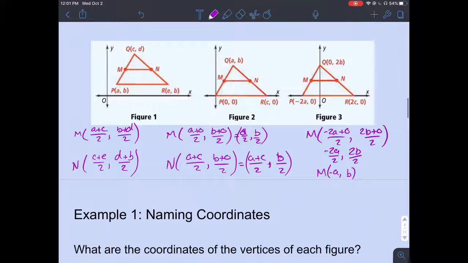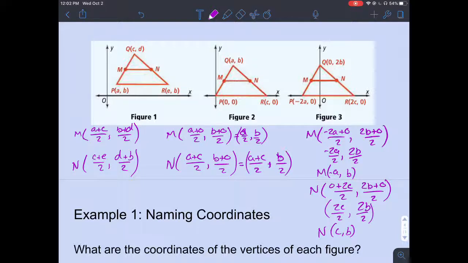And we'll see the same thing for n. So as we do these points here, we got 0 plus 2c over 2, and we have 2b plus 0 over 2. Once again, 2c over 2, 2b over 2, the 2's will cancel, and we're going to be left with c and b.